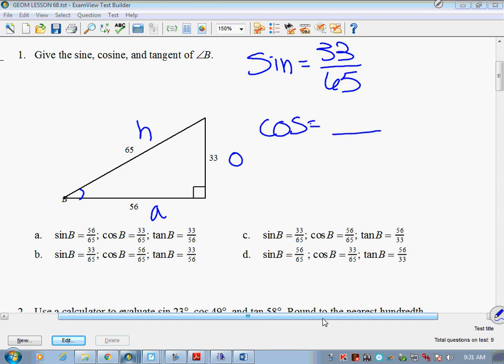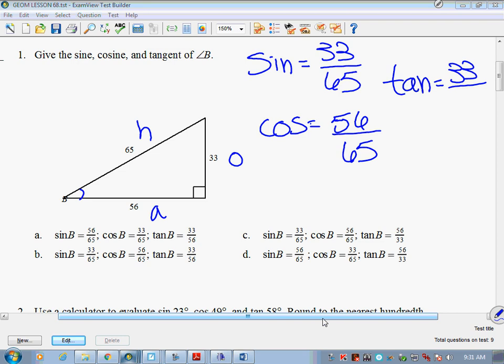Okay, Austin, say that again for me. What is adjacent? 56. Okay, what is hypotenuse? 65. Okay, and finally tangent. Opposite over adjacent. Thank you, Darian. Darian, what is opposite?